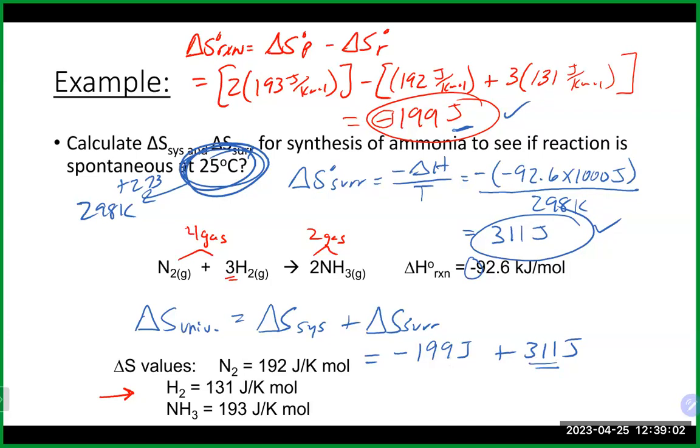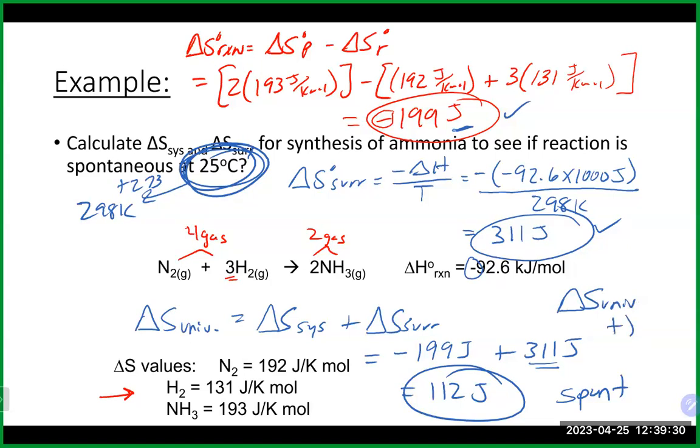Minus 199 plus 311 looks like 112 joules as our delta S of the universe in this case. Is this reaction spontaneous? This reaction is spontaneous because we have a delta S of the universe that is positive. That means this reaction would occur heading in this direction, towards the products.